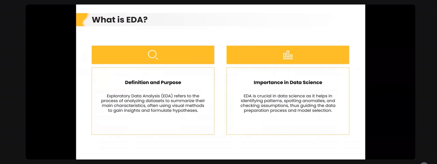Sometimes we call them outliers. It also helps in checking assumptions, and guiding the data preparation process and the model selection. There are predefined models. We will learn all those in machine learning, like supervised, unsupervised, and reinforcement learning. So you need to know the importance of all these things so that you can apply those models on your data and get the prediction. Okay, I'll move to the next slide.